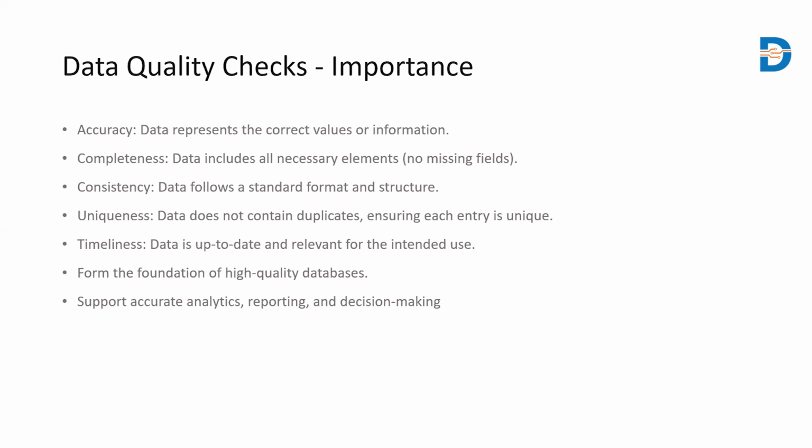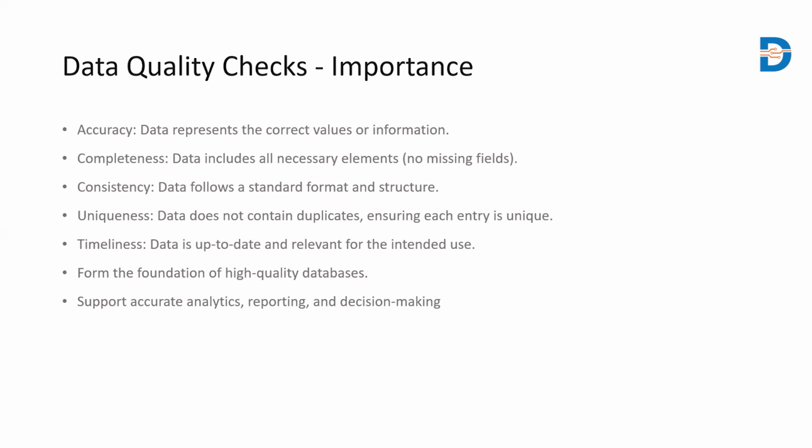So the accuracy of data is needed because the data should represent the correct values or information. Data must be complete because it must include all the necessary elements without missing any data in any fields. The data also has to be consistent, following a standard format and structure.